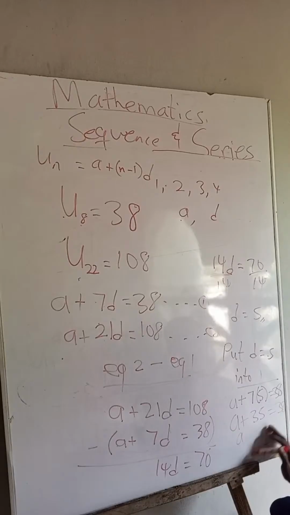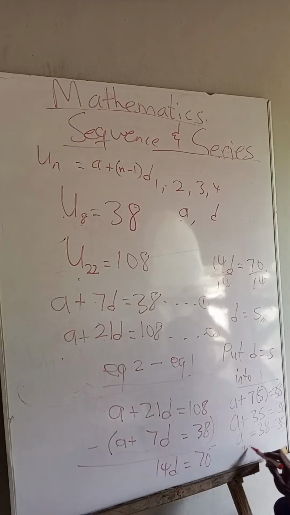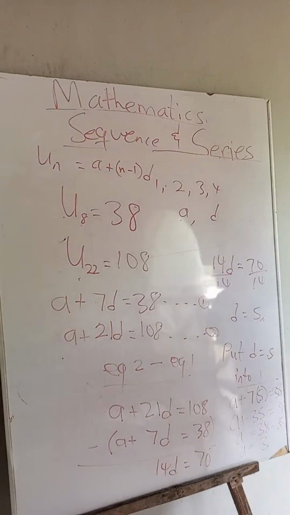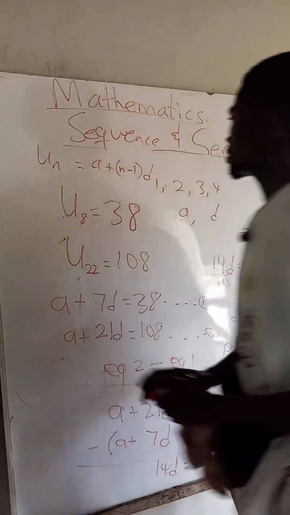So A is equal to 38 minus 35, which is 3. So we've gotten A, we've gotten D. In other words, we can get our sequence at ease.